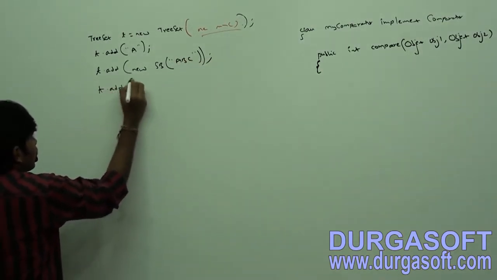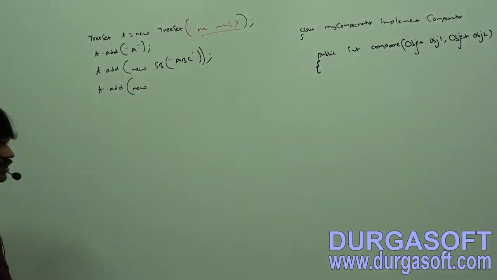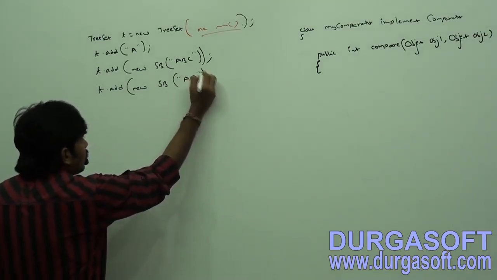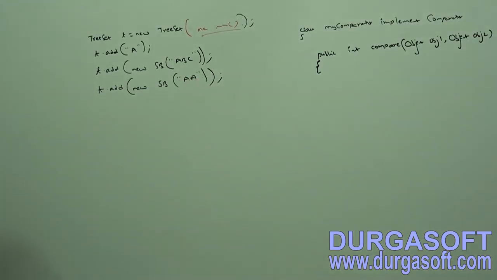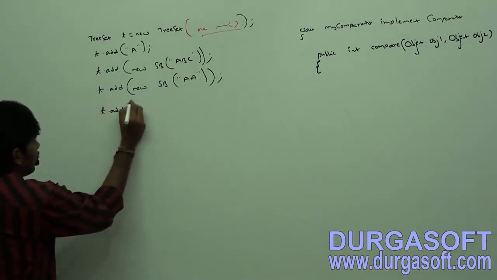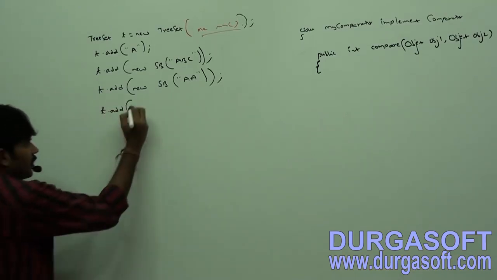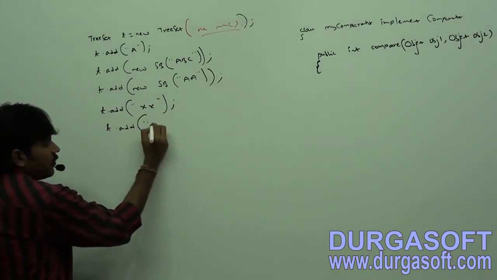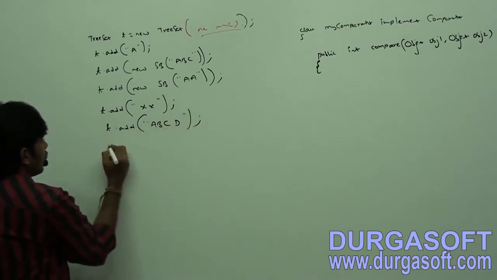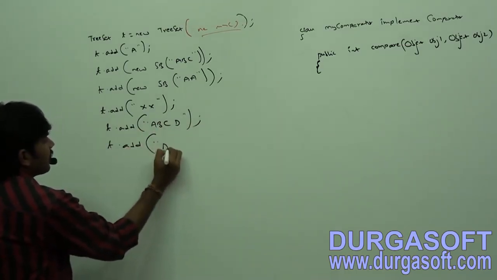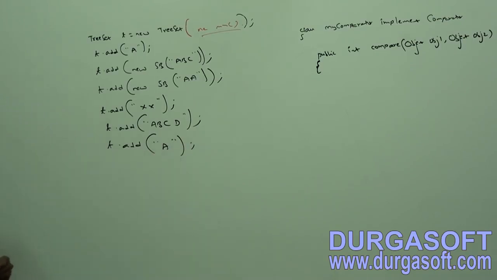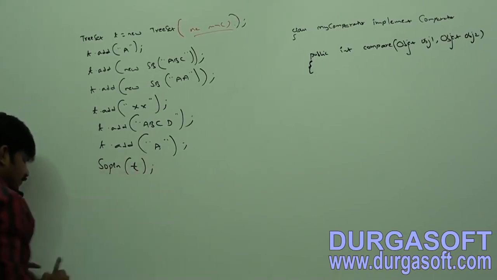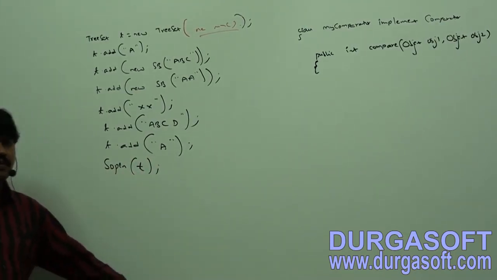Next, t.add of new StringBuffer("A"). Next, t.add("XX"), a String object. t.add("ABCD"). And then t.add("A") like we added. Now System.out.println(t) I am taking.